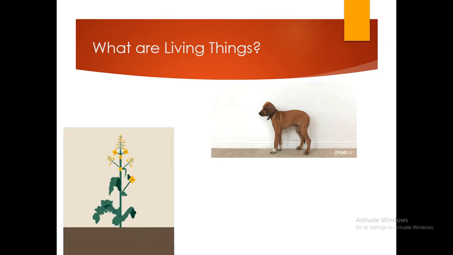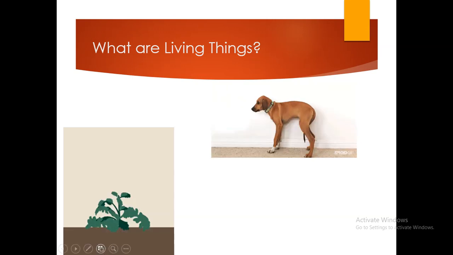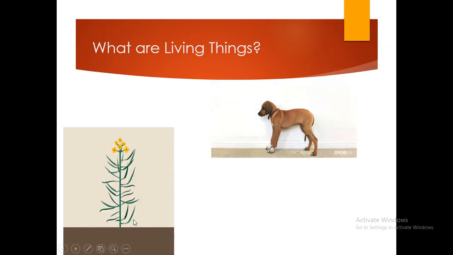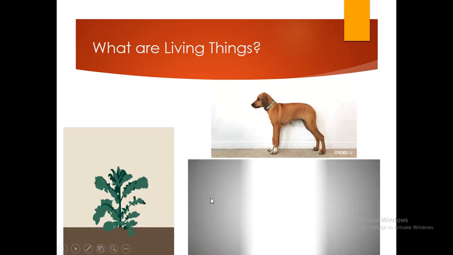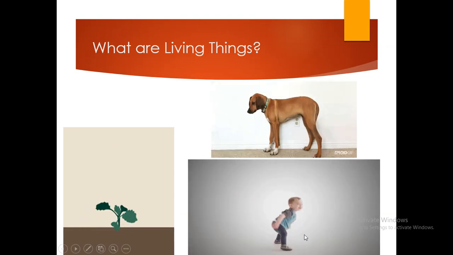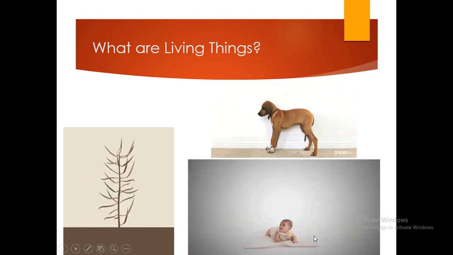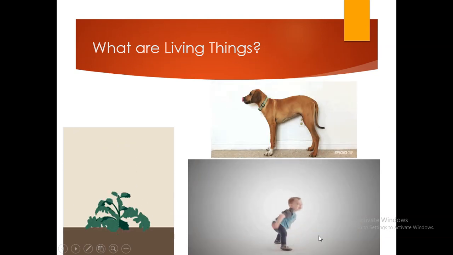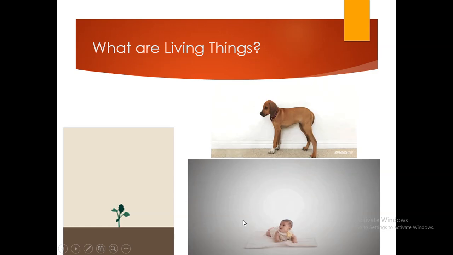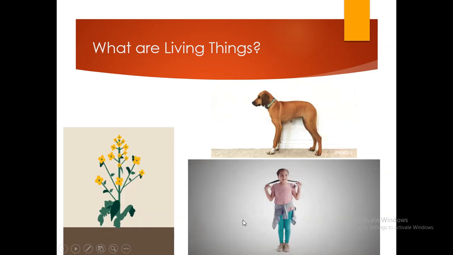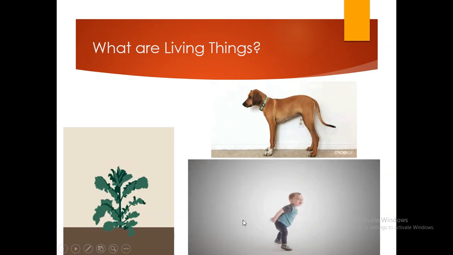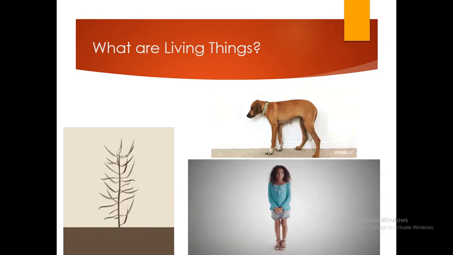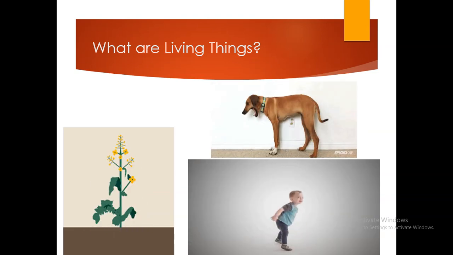What about this plant here? This plant is getting bigger too, and it develops. This baby is also getting bigger. It develops. So all living things are alive and they can grow. That means they get bigger, they develop.